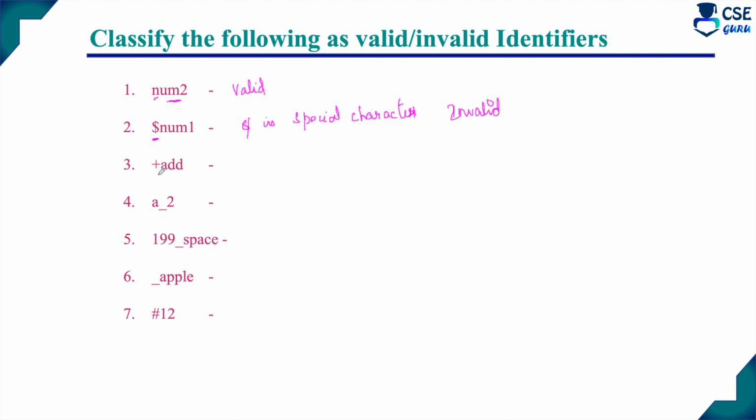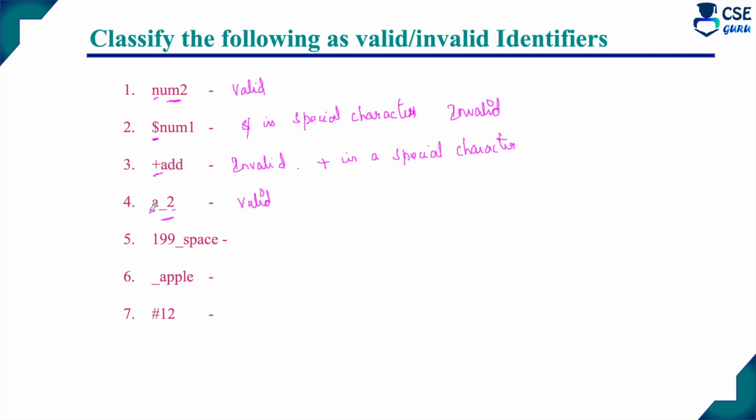And the third one is also invalid. Why? Because here the plus symbol is a special character. Plus is a special character only. You should not include it. So this is also invalid. The fourth one, if you are considering, is valid. Why? Here the variable name is a combination of letters, digits and underscore.